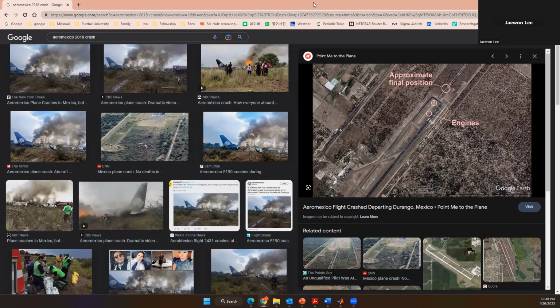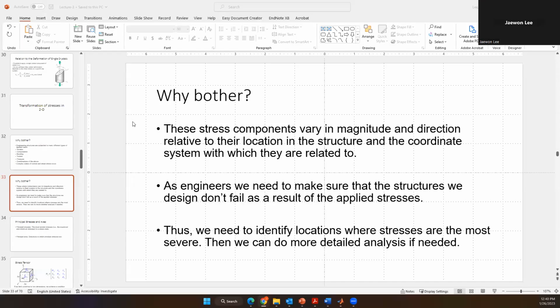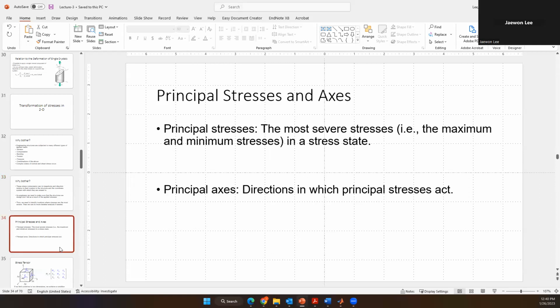This is one of the engineers' works. We need to understand the force, and then we can design the materials carefully.